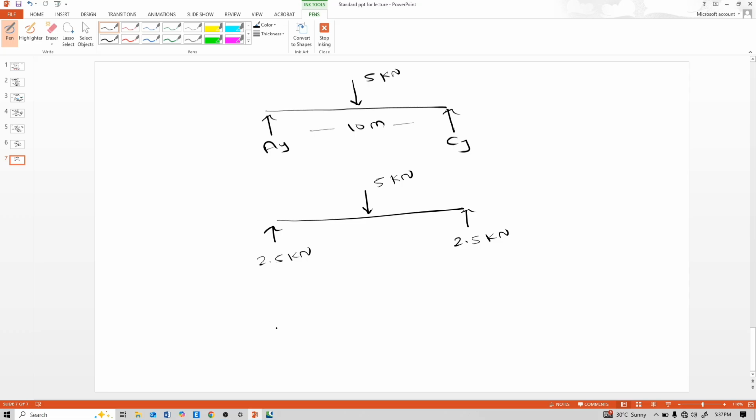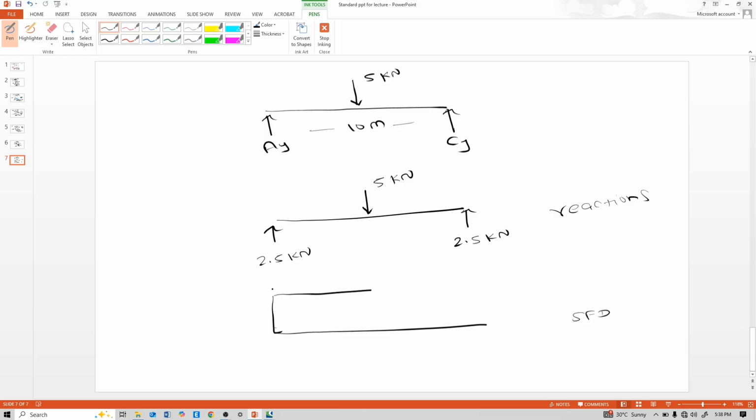See this 2.5 kilonewton is upward, that means this is upward. There is no load in between, that means there is a horizontal line.